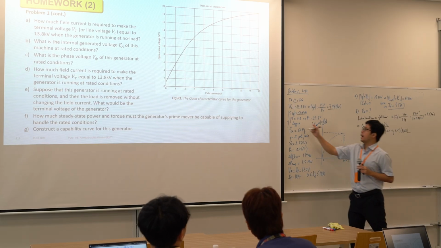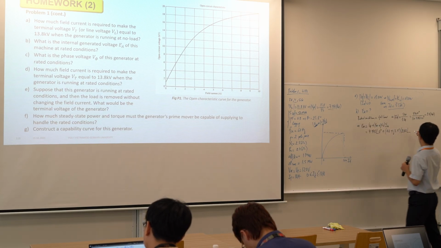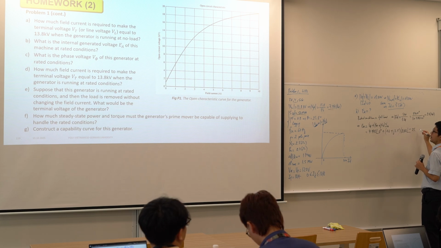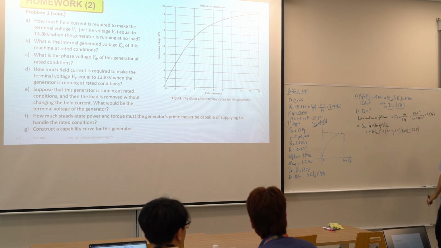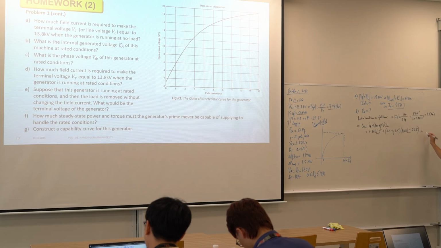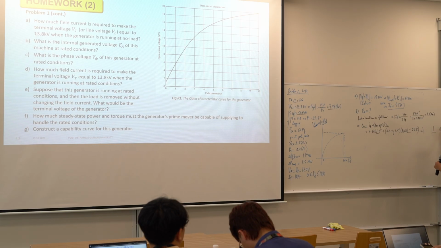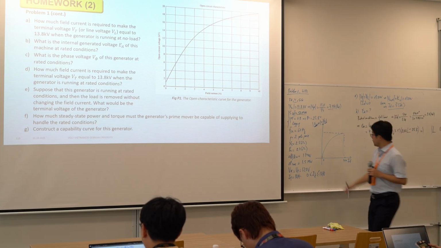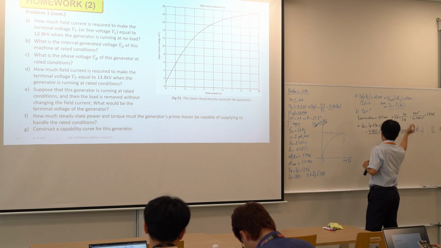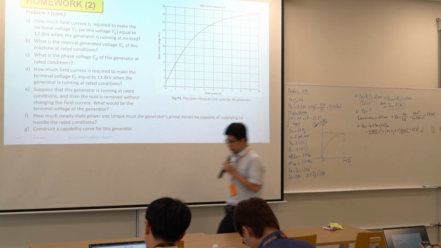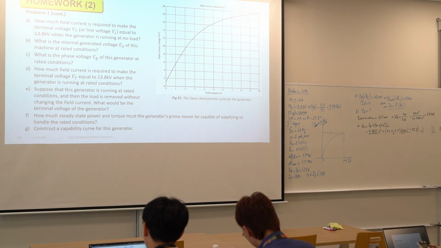This is lagging, so you get here minus 25.8. How about the magnitude and phase angle? It's volts, right? The units are volts. How many do you get?